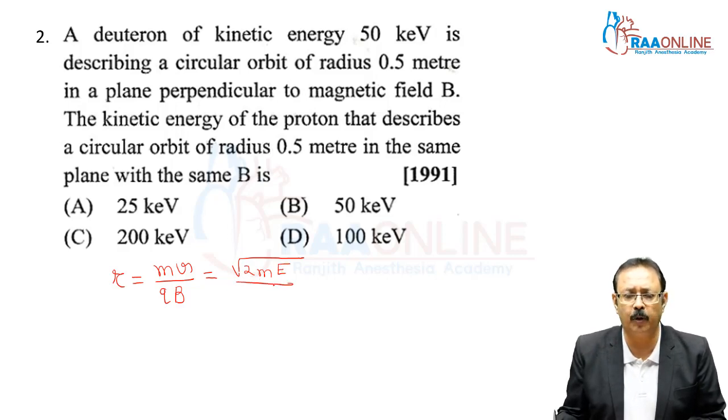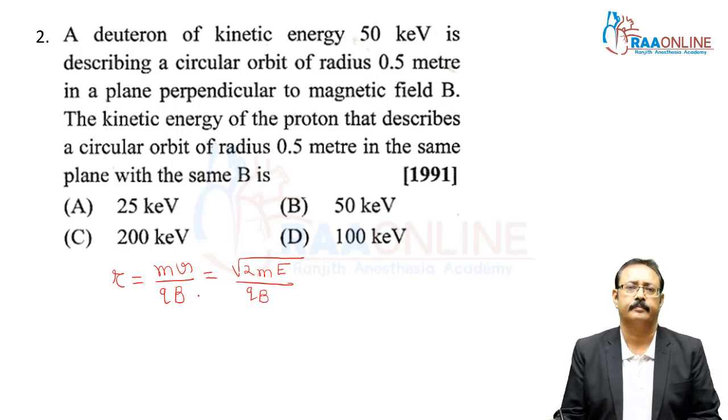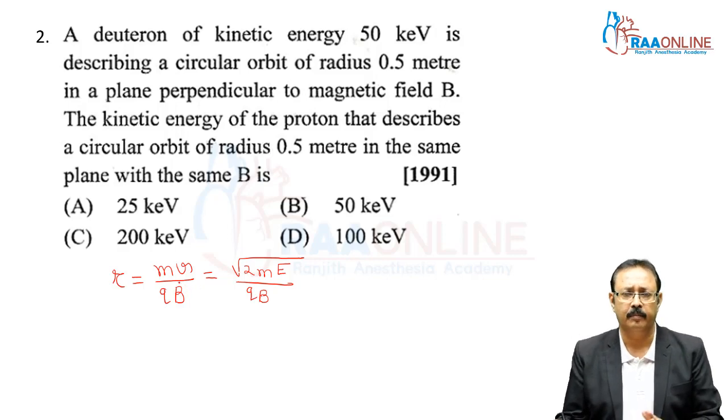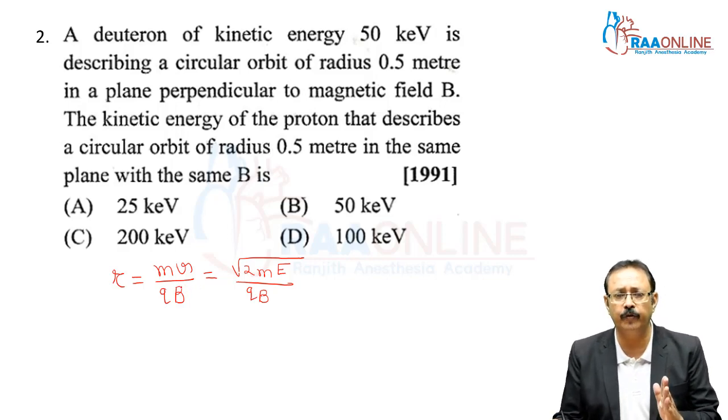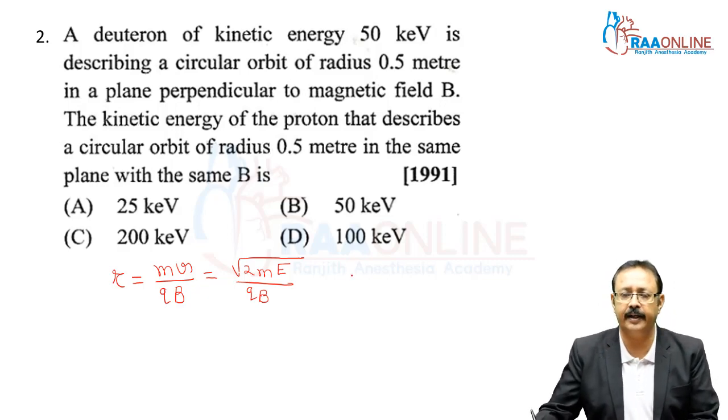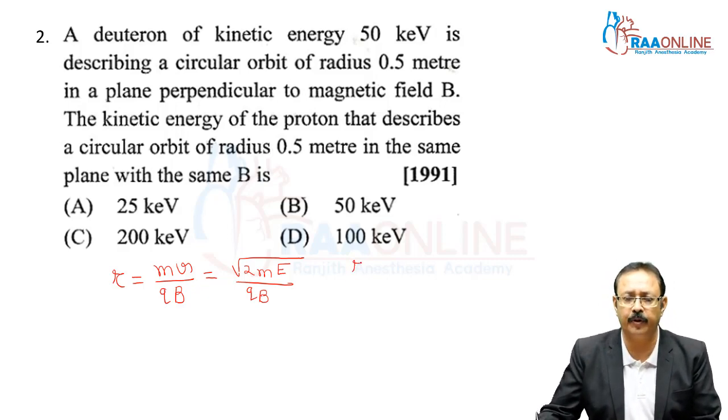Now for this problem, first we make the relation formula. Deuteron and proton both are moving in same radius circle. So they are saying R for proton and R for deuteron both should be same.